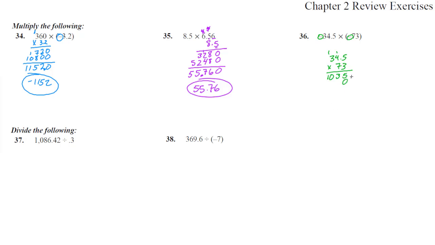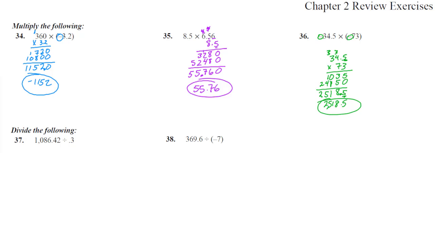All right, put a 0 for that second number. 7 times 5 is 35. 7 times 4 is 28. Plus 3 is 31. Carry a 3. 7 times 3 is 21. Plus 3 is 24. Add them. 5 plus 0, 3 plus 5, 0 plus 1, 1 plus 4, and 2. 1 digit behind the decimal place. So we get 2518.5.